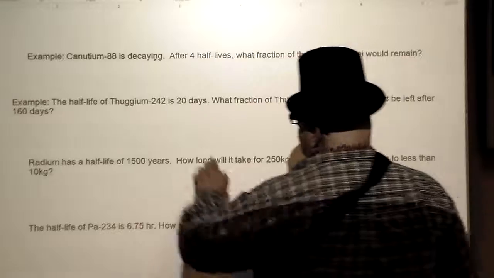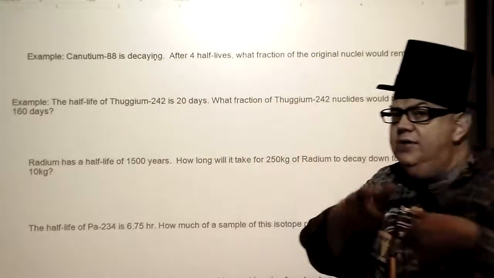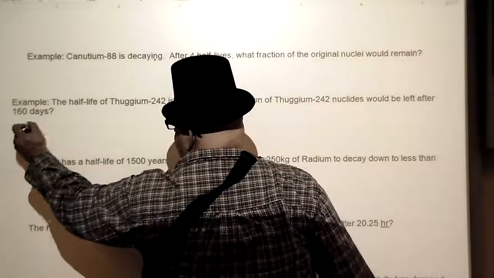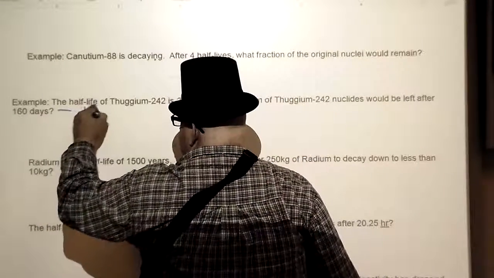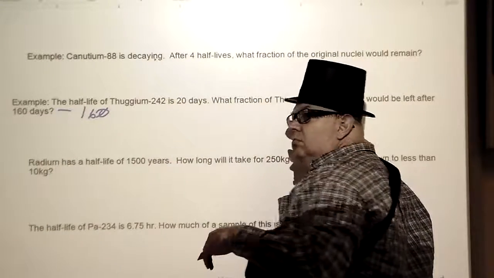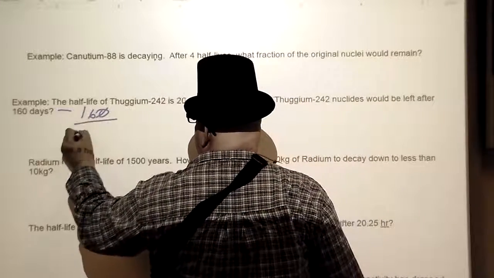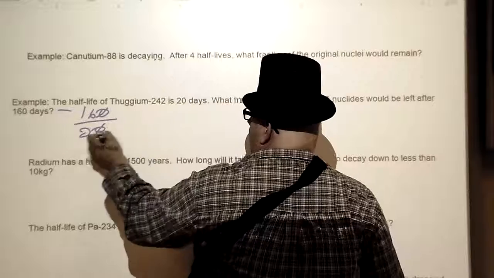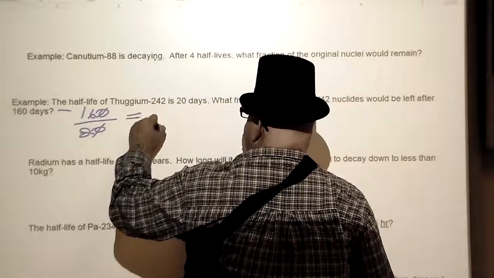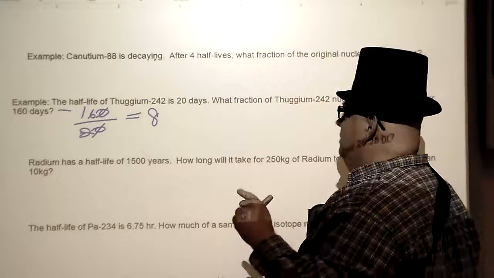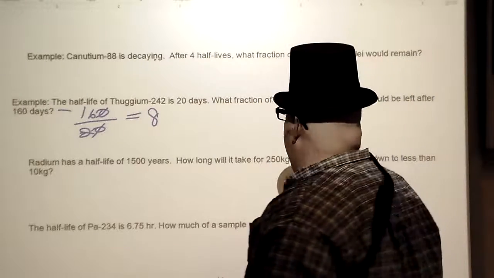So really the question to ask is, how many of these half-lives have happened? Well, we have a total of 160 days, and we're going to divide it over 20. And that's going to give us 8 half-lives. So that means we got 8 half-lives to deal with.